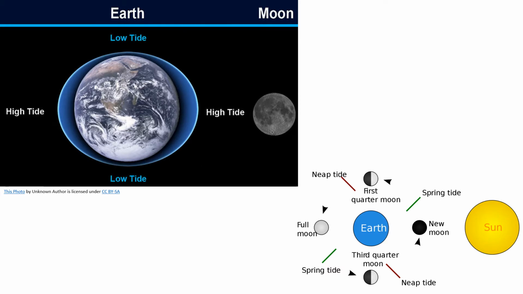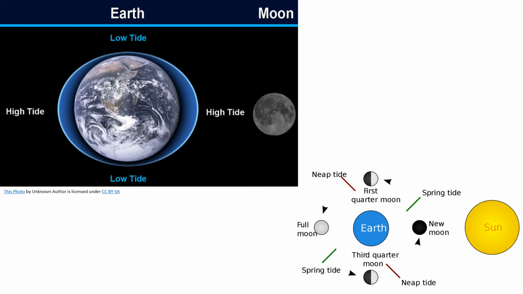If you look at the diagram on the right, you will see the spring tides and the neap tides. Notice that in the spring tides, it's either the sun, moon, and Earth, or the sun, Earth, and moon, depending upon where the moon is in its circulation around the Earth.